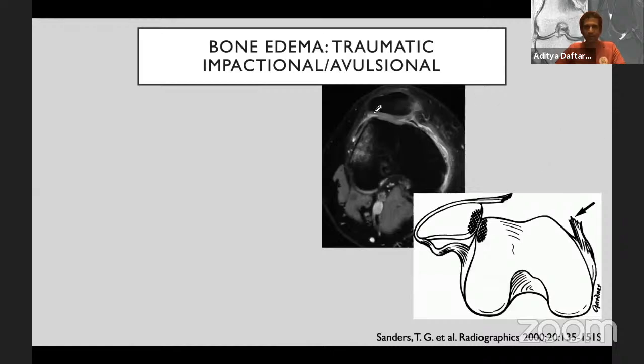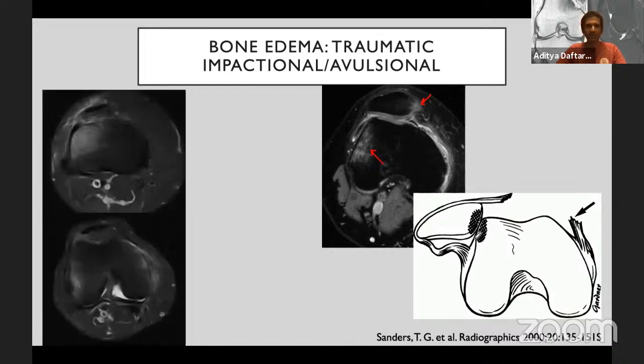So for example, you can imagine that this patella, which was sitting here, jumped out here. This part of the patella collided against this part of the femur, and therefore we have these bone marrow edema patterns here on the medial patella as well as the lateral femur. So this is your pretty classic patellar dislocation impactional edema.